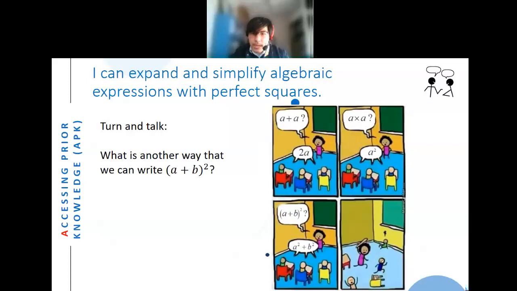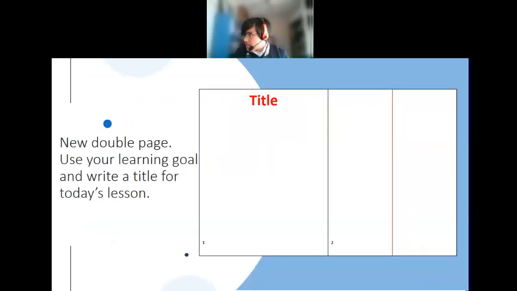Another one is ab squared. All right, let's move on here. So we got some good suggestions there.